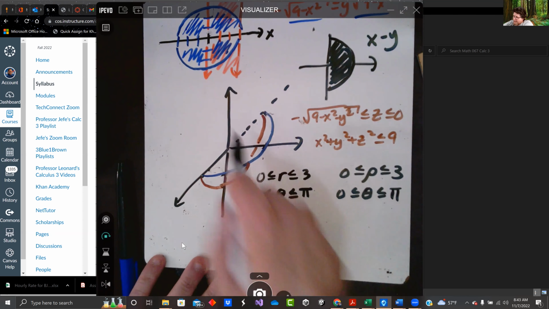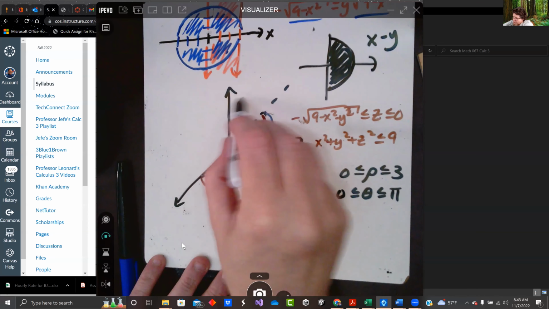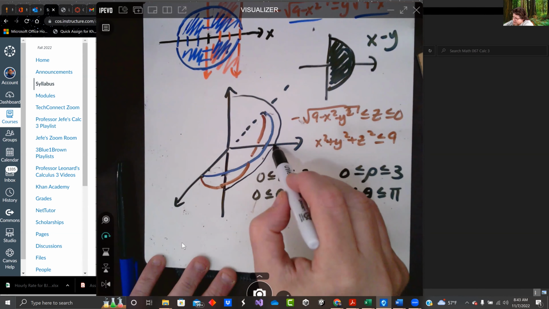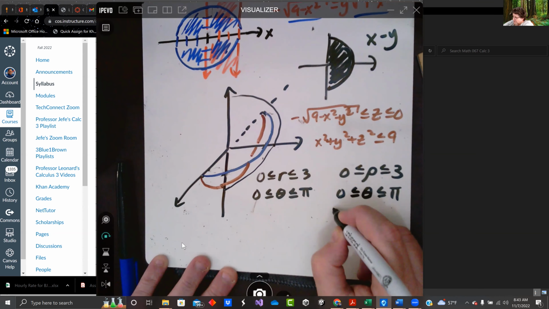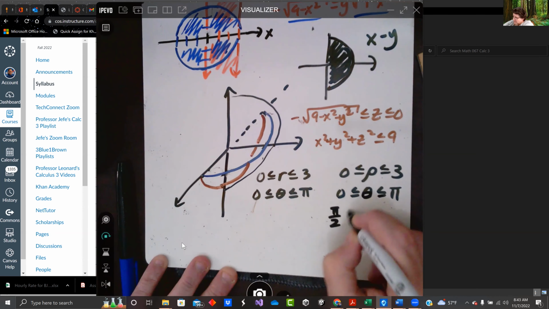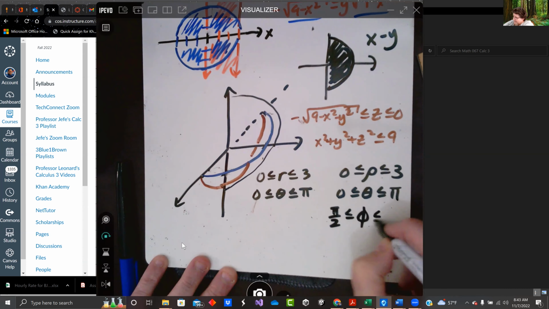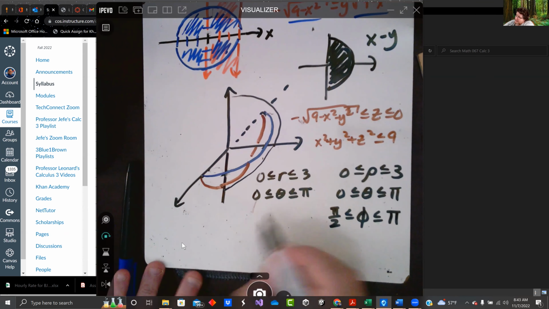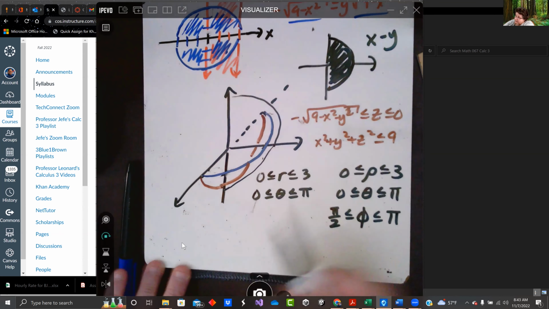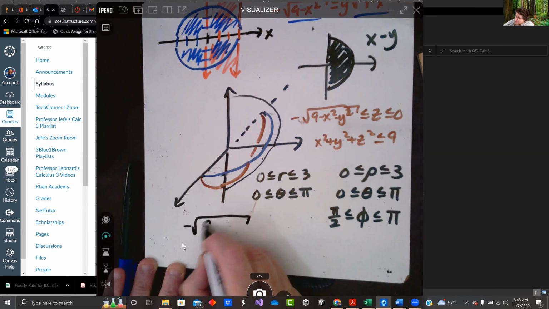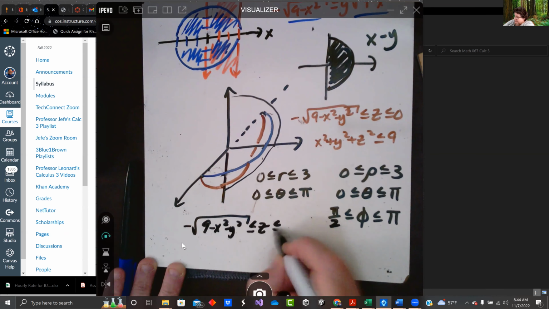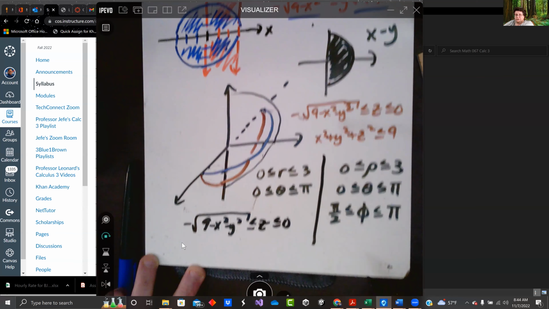Spherical starts at the top and rotates downward, so I don't start the wedge until pi over 2, and I finish at pi. The z component in cylindrical is what we already had: negative square root of 9 minus x squared minus y squared < z < 0. So that's cylindrical versus spherical.